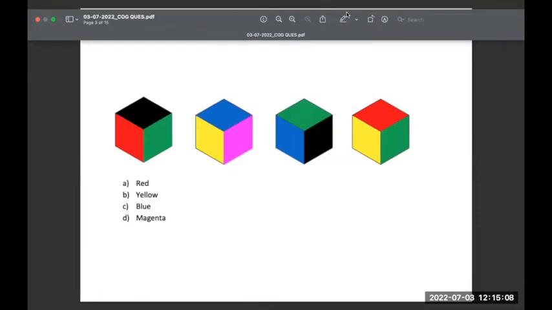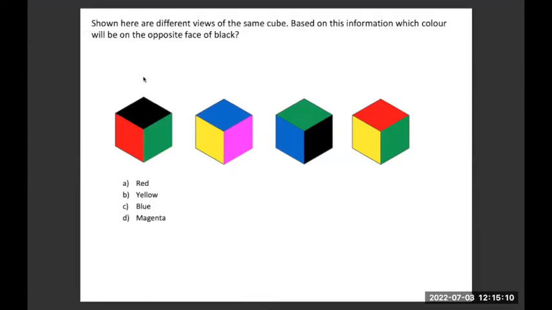So just observe this first cube: black, red, and green. What it means is that black is connected with red and green. If I look at this cube, black is also connected with blue.